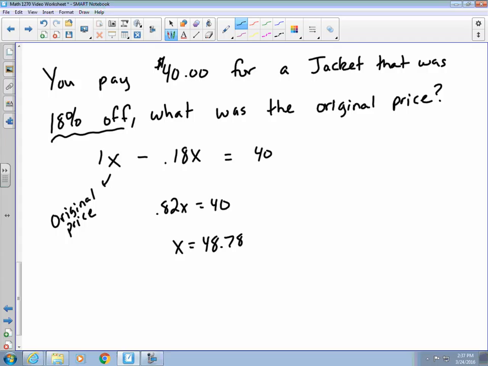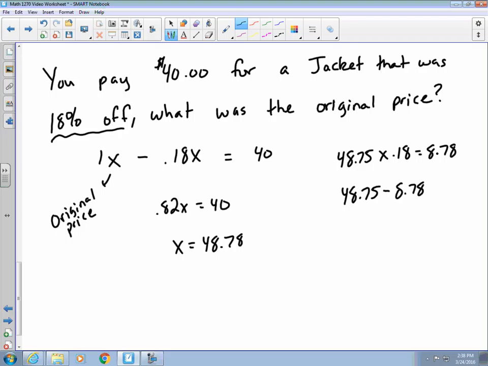$48.78. So if I want to take that back, this is the previous problem. If you have $48.75, you're going to get 18% off of that price. So you take that times 0.18, and you get $8.78. Then how much do you pay? You take your $48.75 and subtract that off.